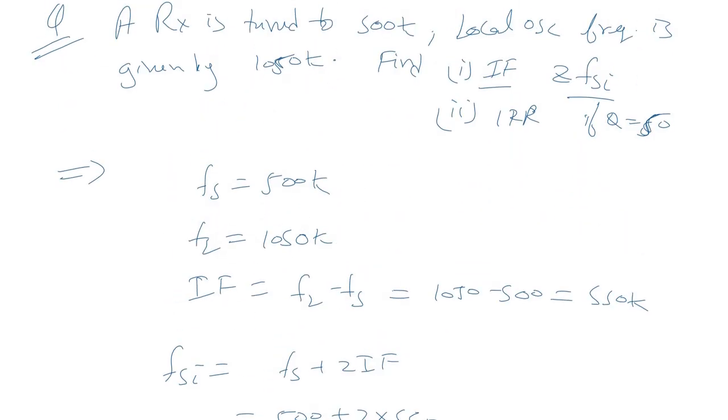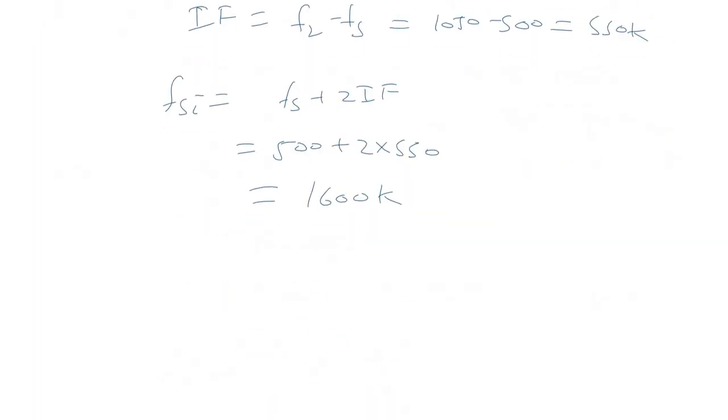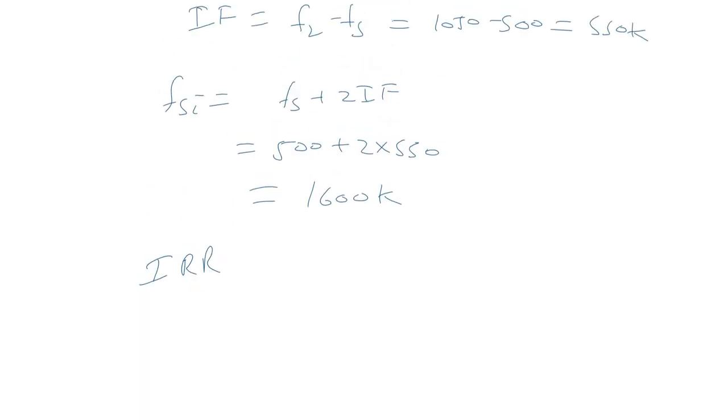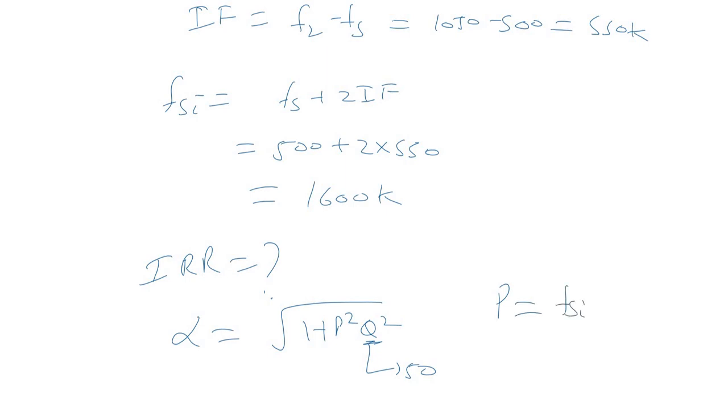The next part is to find out the image rejection ratio if the quality factor is 50. Alpha, that is IRR, is nothing but square root of 1 plus P square into Q square. Q is already given to us, that is 50. We need to find P, that is FSI divided by Fs minus Fs divided by FSI.